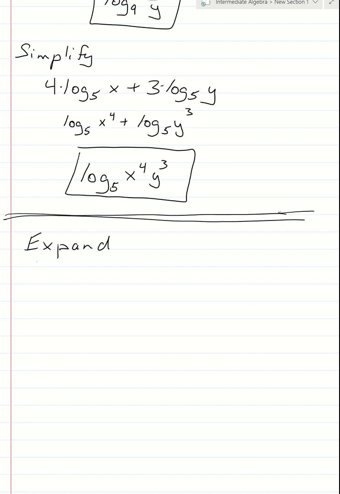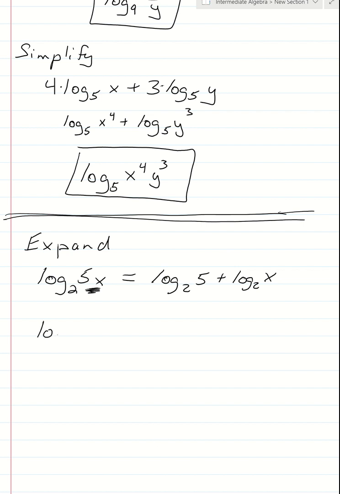For example, if we had the log base 2 of, let's say, 5x, and we want to expand that out, that would in fact become the log base 2 of 5 plus the log base 2 of x. Because the 5 and the x were being multiplied together, we were able to expand this out into the addition of two logarithmic terms.